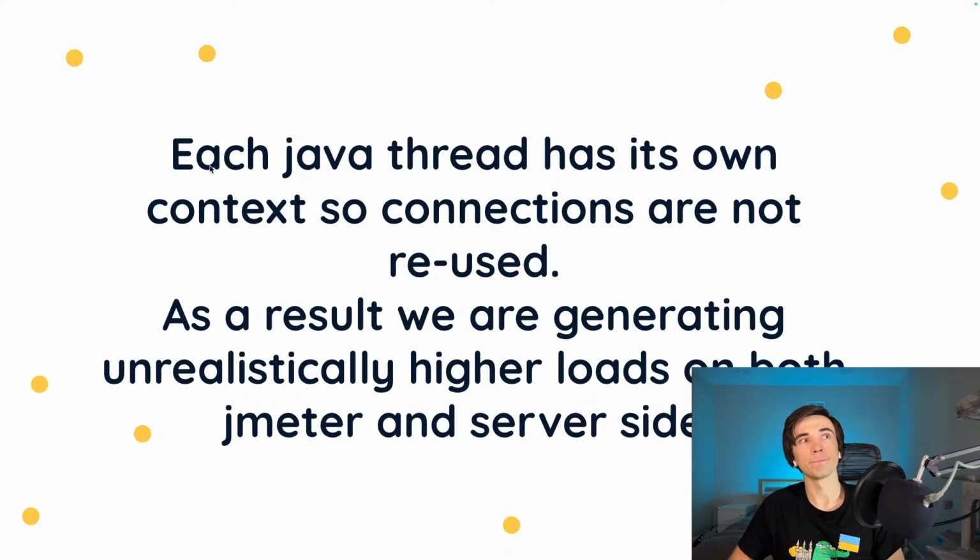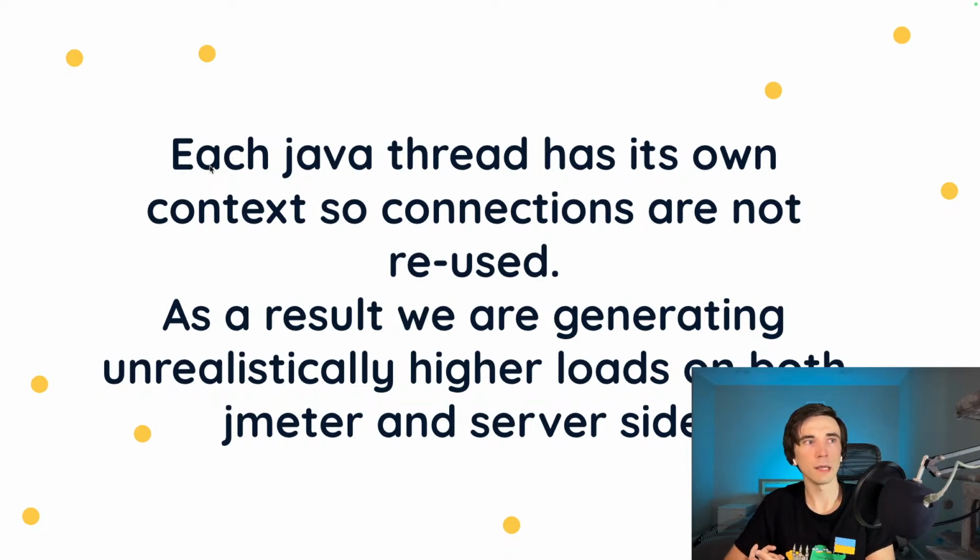But the parallel controller should be a little bit different, right? We need to reuse the connections. So we have one JMeter thread which executes the whole scenario, and we also have these smaller JMeter threads, the parallel controller threads, called parallel JMeter threads.